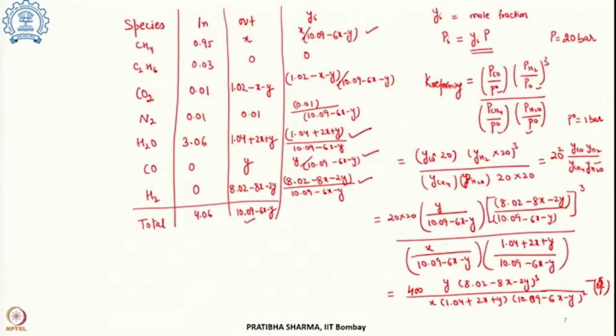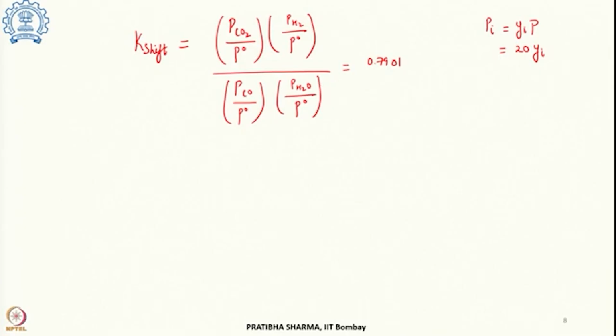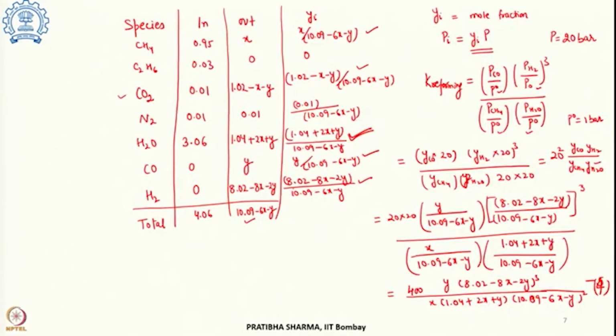So for CO2 the mole fraction was 1.02 minus x minus y divided by 10.09 minus 6x minus y. For hydrogen it is 8.02 minus 8x minus 2y divided by the same denominator.